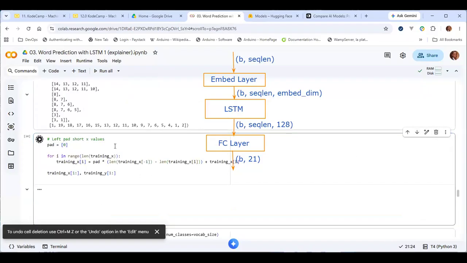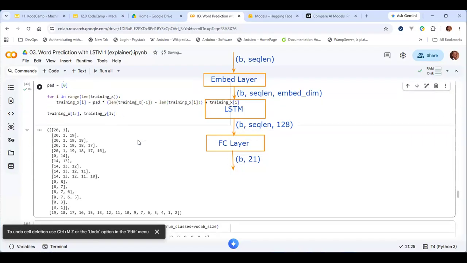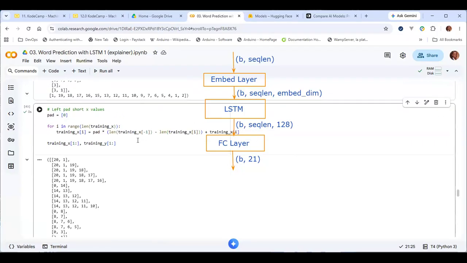Now we will pad all of them. So for some reason the padding, let's see.